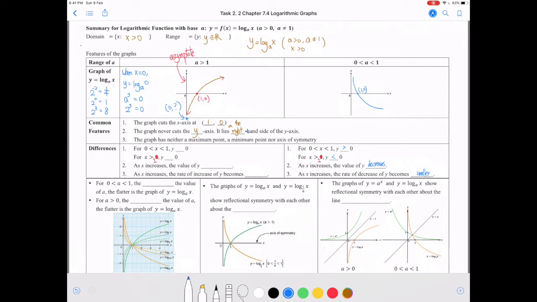What does that imply? No matter what the value of y is, 2 to the power of y must be a positive number. So we can't find a value of y in this case. That means there's no such point. So this is wrong. We don't have this point. That's why the graph never cuts the y-axis.